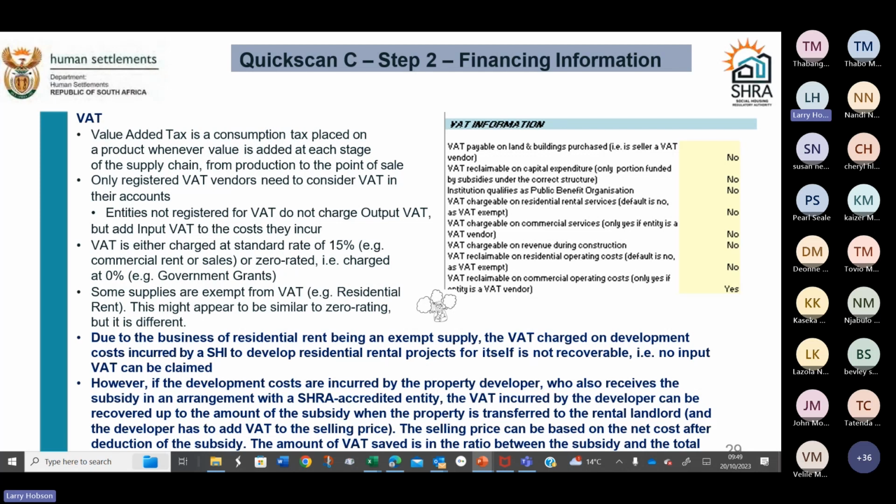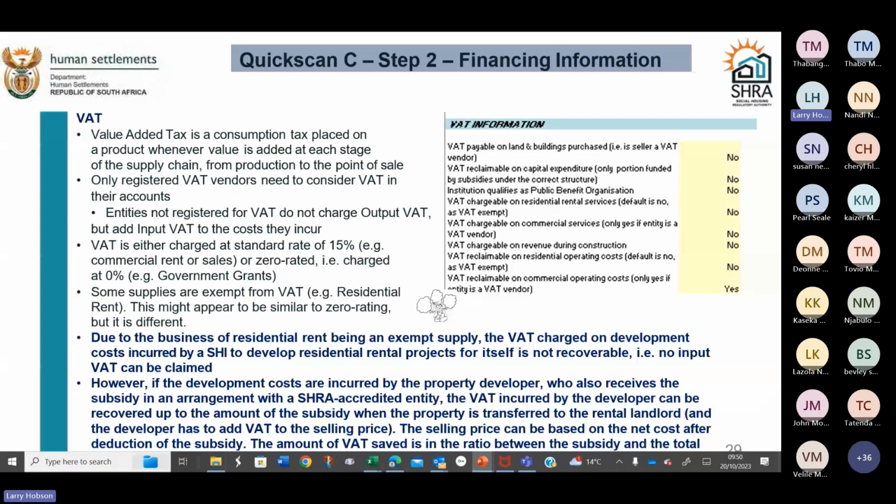Okay, only registered VAT vendors need to consider VAT in their accounts. Entities not registered for VAT do not charge output VAT, but add input VAT to the cost they incur. But in your operating costs, for instance, if you pay 115 Rand, let's say an accounting fee, if you were a VAT vendor, you would show 100 Rand paid for that and 15 Rand would go to your VAT account.